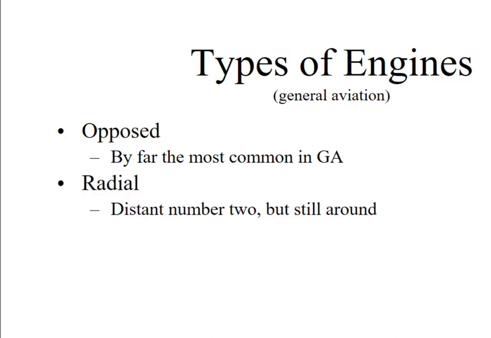The number 2 kind is the radial, and once again in this case the pistons are sticking out in a circle radial to the center of the engine. Inline is obviously a row of pistons in one line. V is two rows of pistons in a V shape.